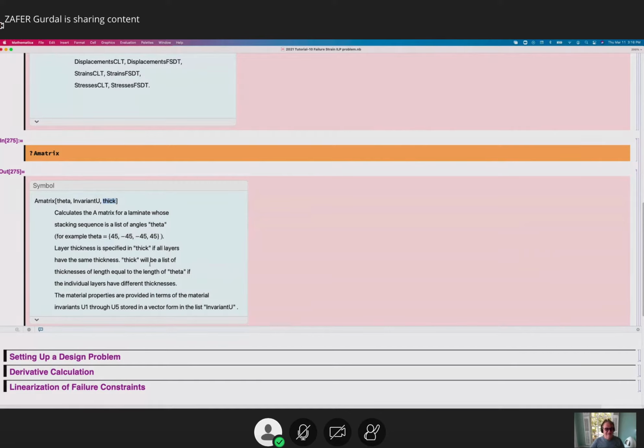Now, for that, thickness can be a list of thicknesses of every layer, one by one, instead of just one thickness. Okay? So if I want the 45 degree ply layer to be one thickness and minus 45 to be another thickness, I need to be able to actually do that.